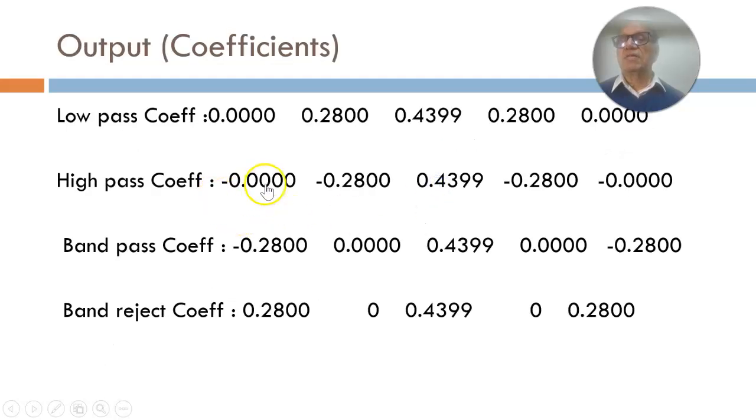So let us look at the results. First of all, we are simply printing the output coefficients, and what is shown is coefficients. These are the low pass coefficients, these are the high pass coefficients, band pass coefficients, band reject coefficients.